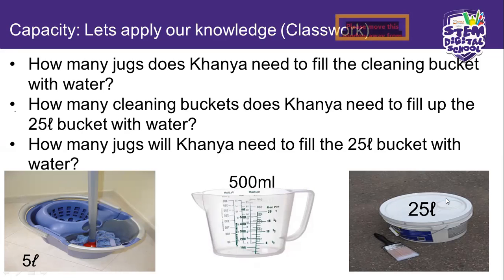So if you want 25 liters, it means it's going to be 2 multiplied by 25, which gives you 50 jugs. Okay? Or if you want to go the long way, you can add all your 500s until you get your 25 liters. Just take your time there at home and add them up if you do not see where you get the 50 jugs.